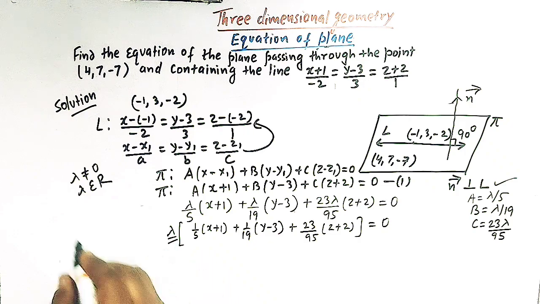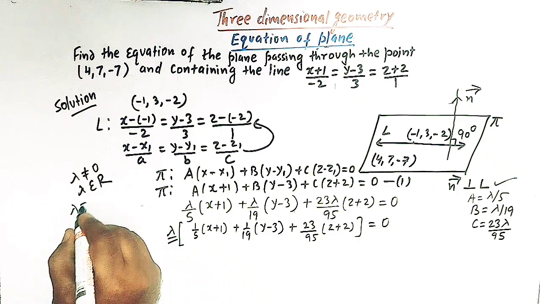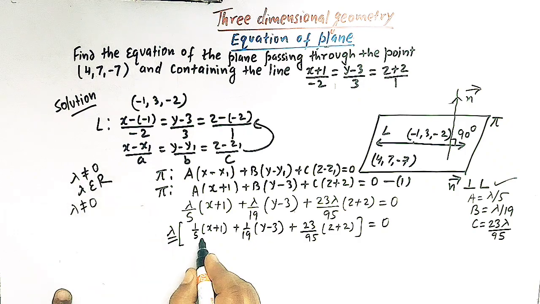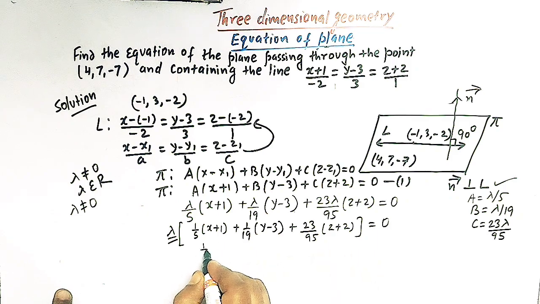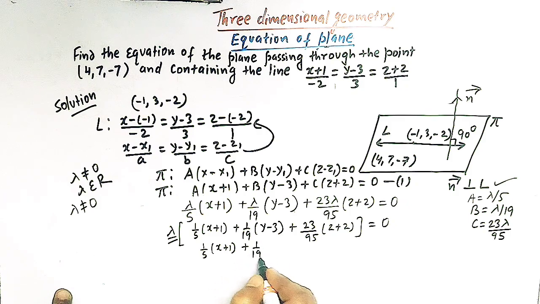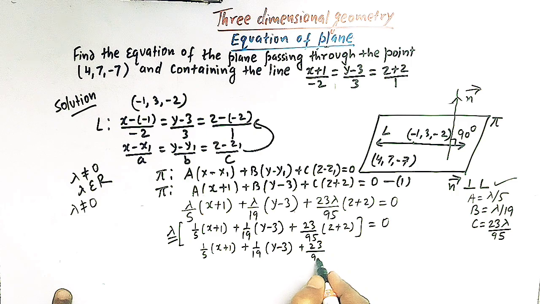So now this scalar lambda is not equal to 0. So this factor has to be equal to 0. So we have 1 over 5 x plus 1, then 1 over 19 y minus 3, and 23 over 95, and z plus 2 is equal to 0.